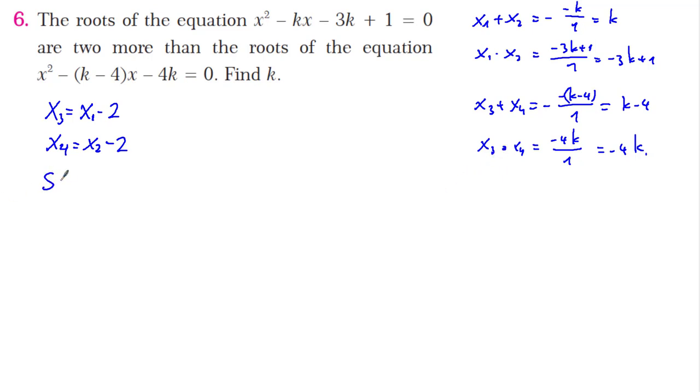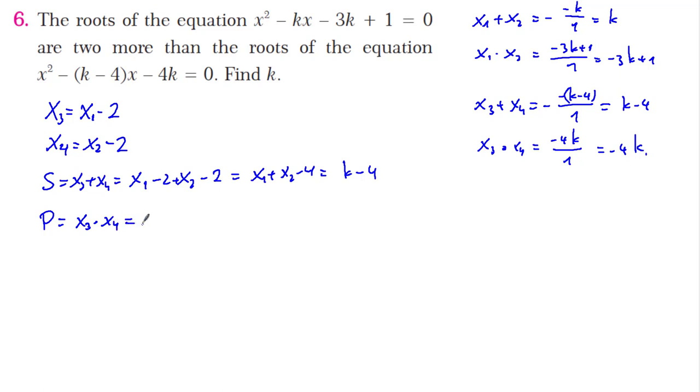So if we try to find the sum of x3 plus x4 here, you will practically get x1 minus 2 plus x2 minus 2, which will be x1 plus x2 minus 4, and x1 plus x2, it's k minus 4. Well, it's just the sum that we already got, so we cannot form an equation here. No information was given. Let's try the product. So the product is x3 times x4. Now x3, it's x1 minus 2 times x2 minus 2.